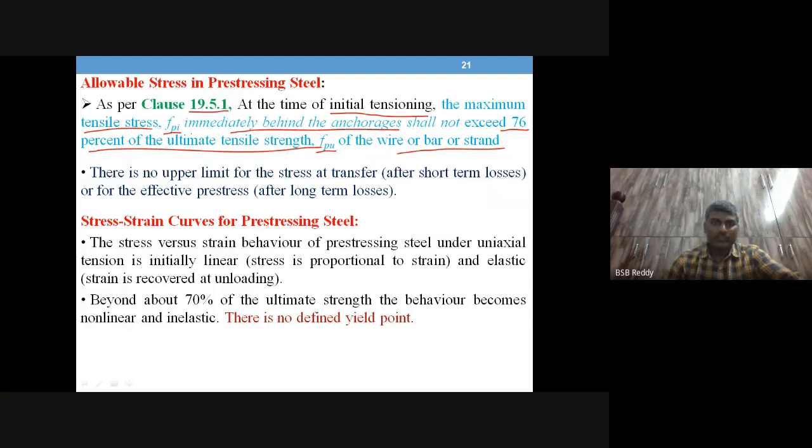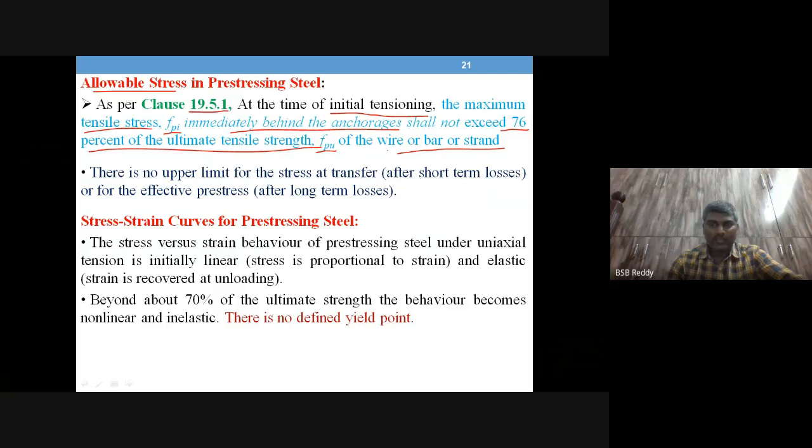Okay. So this is the clause 19.5.1, which controls the allowable stress. I mean, how much stress you permit in a pre-stressing steel wire or strand or bar. So at the time of pre-stressing, initial tensioning period, immediately behind the anchorages, the stress in the steel shall not exceed 76% of its ultimate tensile strength.